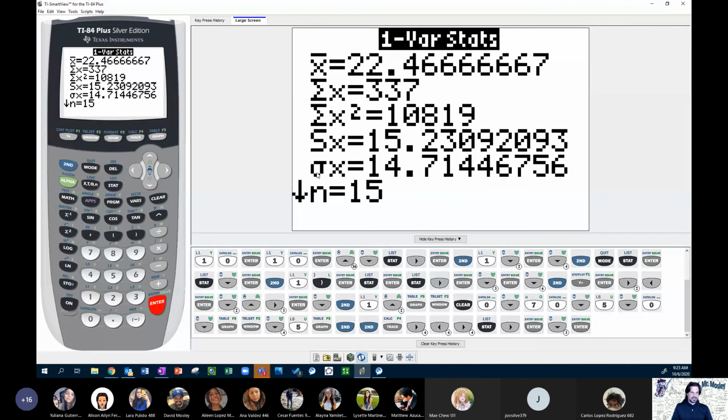Underneath it is also standard deviation. But this is the standard deviation of the population, if that 15 values were the entire population. This first one, Sx, is the standard deviation of the sample. So we will mostly be using the Sx unless otherwise told that we're talking about an entire population.